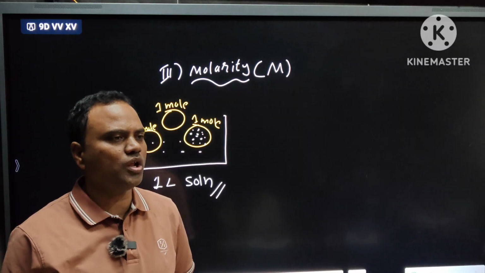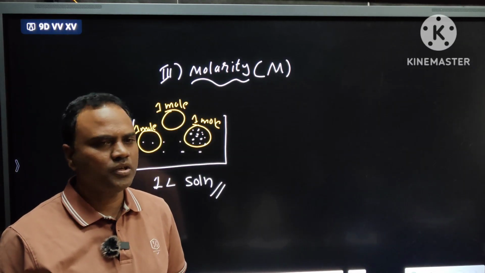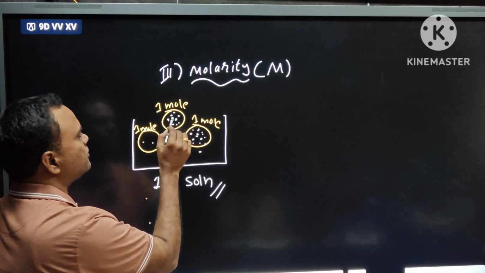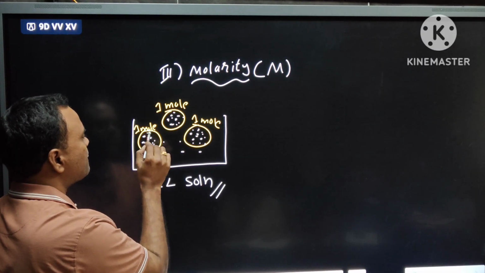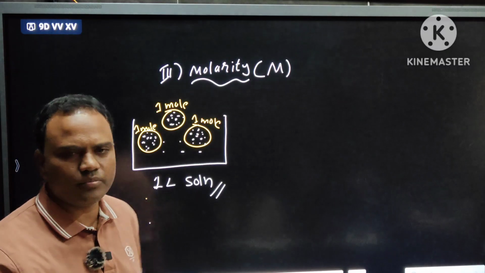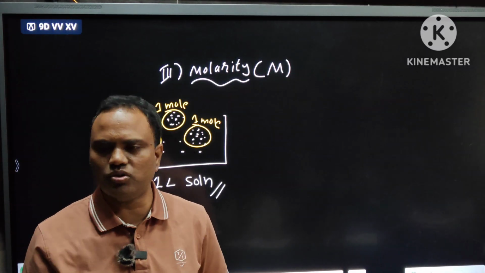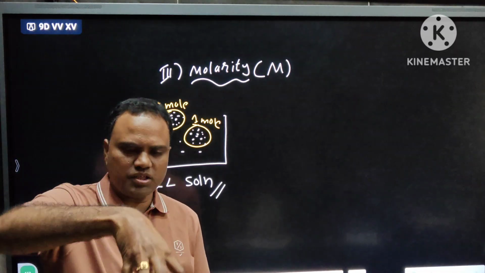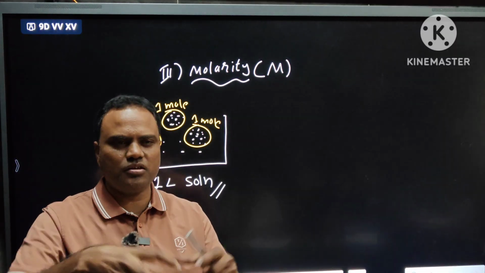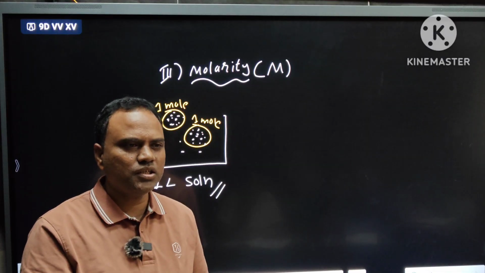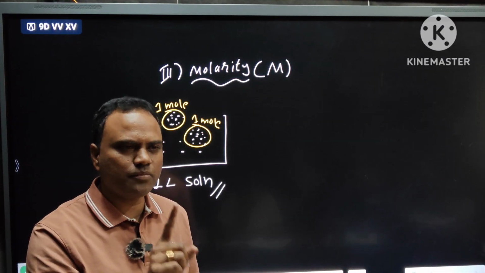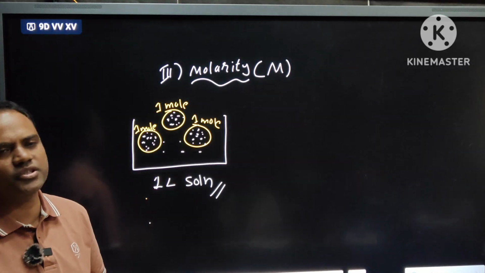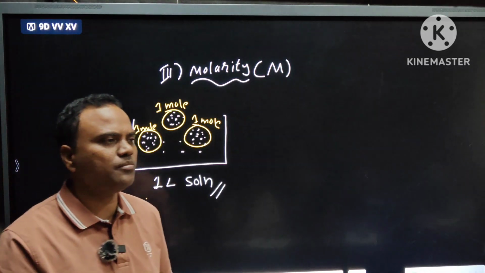I gave this in the basics. 1 mole of any substance contains 6.023 into 10 to the power of 23 particles. Now we are dissolving the spheres in water. How many spheres did we dissolve? 3. Each sphere is called a mole. Why? Inside the sphere, 6.023 into 10 to the power of 23 particles are present. That's why we call each sphere a mole.